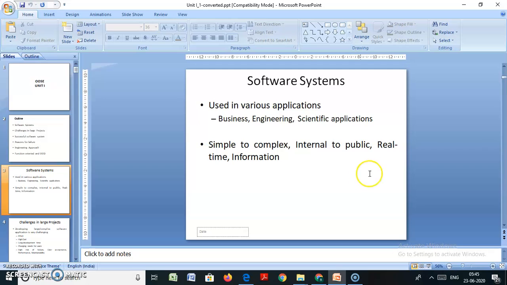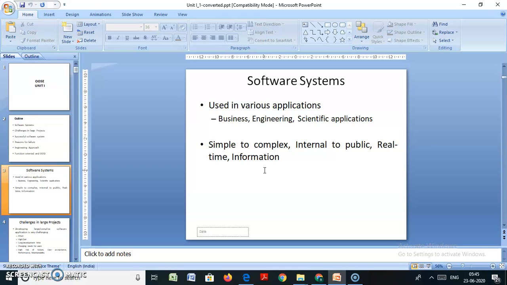Software systems are developed in real time, and for providing information to the users. So based on the requirement, we can develop the software systems. For example, take the railway reservation system. With the help of that application, we book tickets for our family members, and it is used by the public.